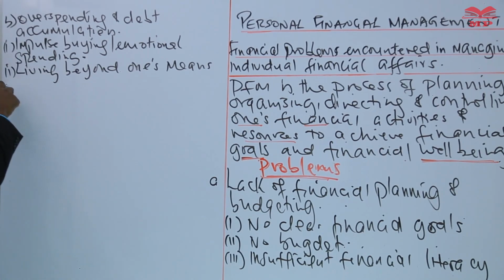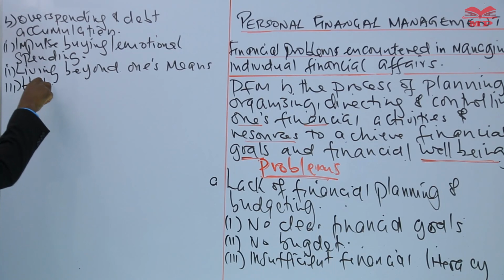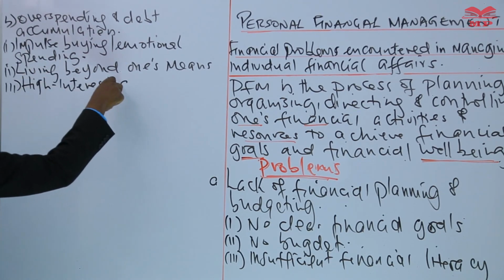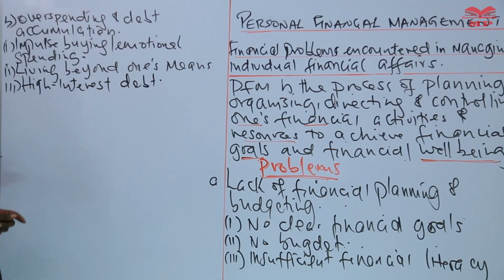Number 3, high interest debt. That can lead to debt accumulation. High interest debt. Accumulating high interest debt can be difficult to manage and can significantly impact financial goals.